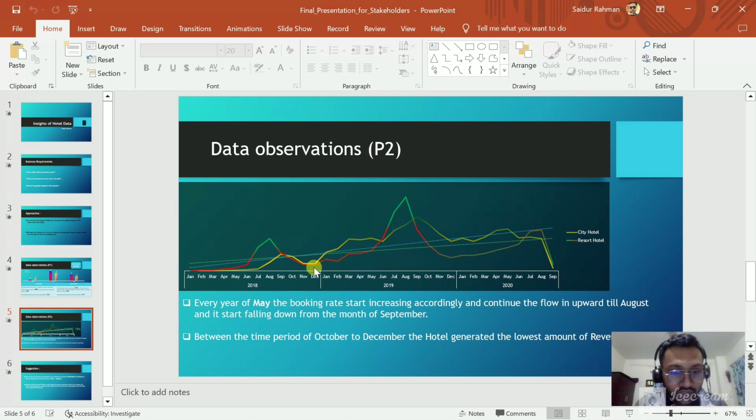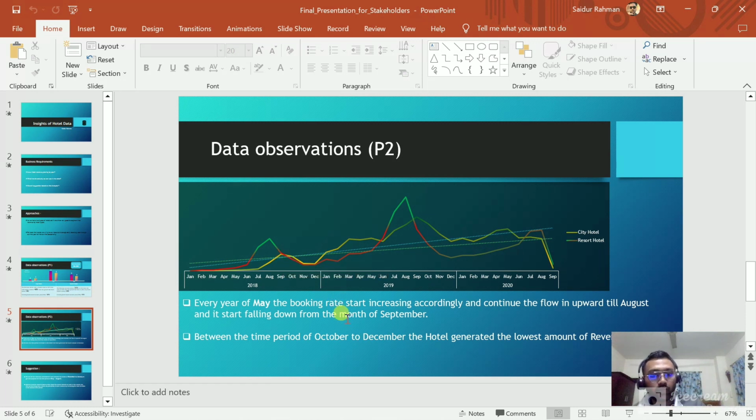Here you can see that between May and August it was still increasing, and the green mark indicates the amount of increase, then it became red, which indicates the falling of the revenue.